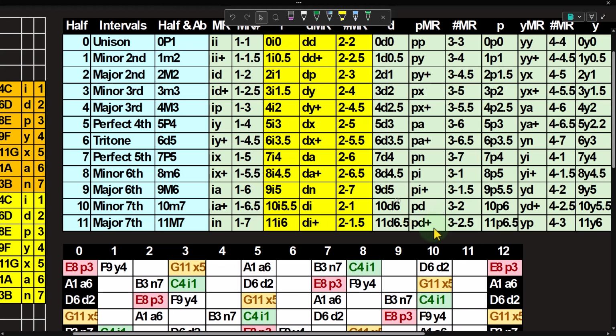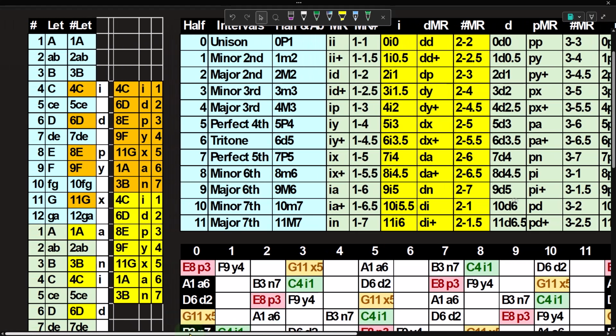All right, now what if we have a PD plus modal range to the Dorian Ocean? It's going to be a 3 to a 3.5. You just go 11 notes up from the Phrygian node, which would be 6.5 modal half steps, which would be 7.5 scale degrees, you would think, but we just call it 7 scale degrees.